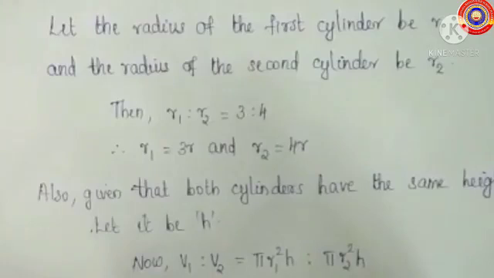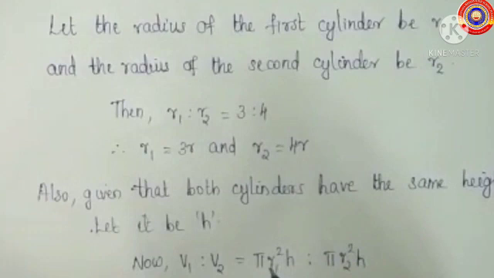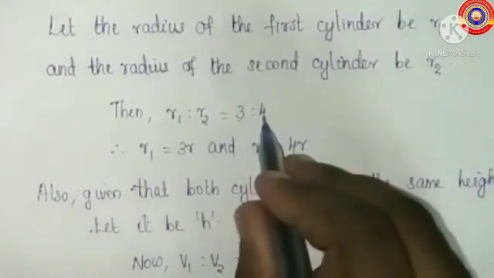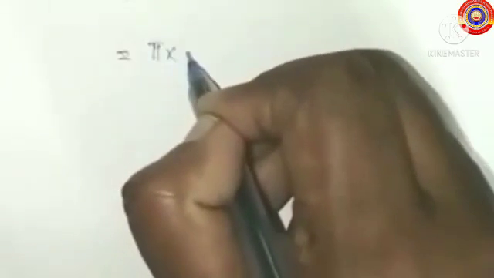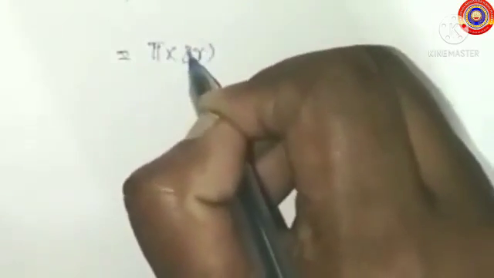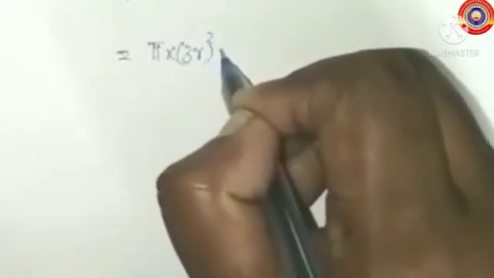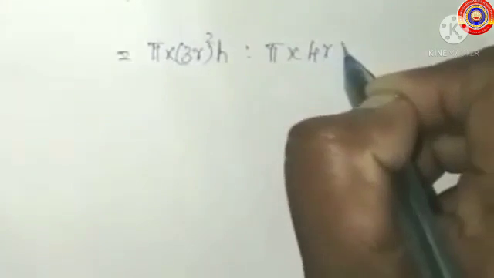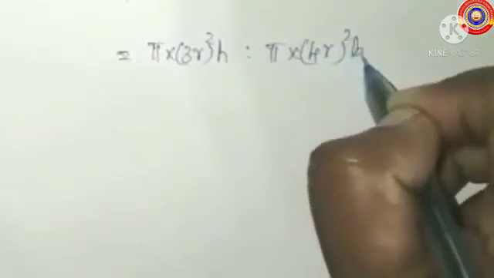Now in the question itself it is given that R1 is 3 and R2 is 4 by the ratio. So V1 is to V2 becomes pi into 3R the whole square h is to pi into 4R the whole square h.